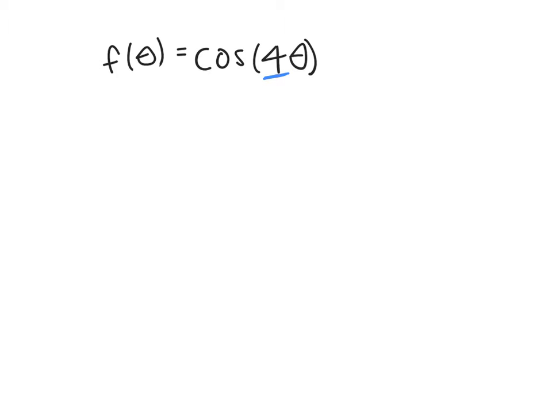So in order to figure out how to use it, we need to take into consideration the normal period of these graphs, meaning when we graphed it before we changed it, is 360 degrees. In order to find the new period of a graph, this 4 is going to be affected with the 360.